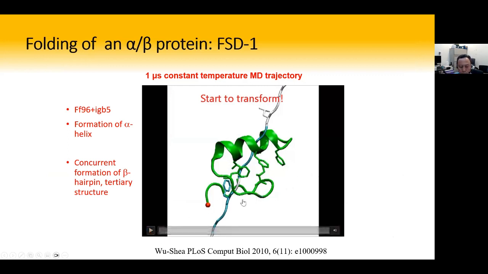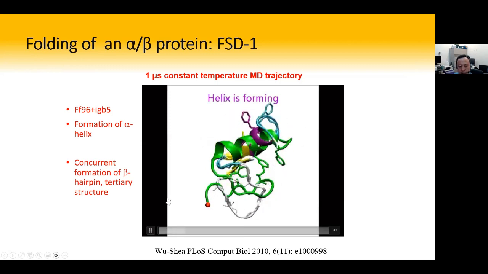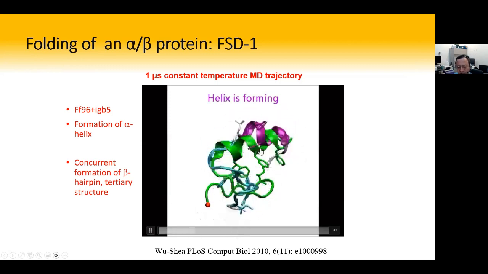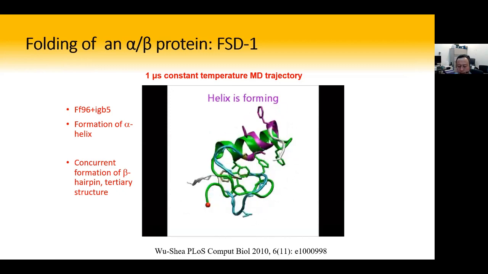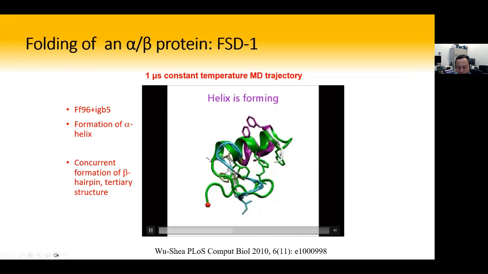Here is what I did when I was a postdoc. I tried to see if, using a physics-based model, we can fold some small proteins. This protein has a helical part and a hairpin part. You can see the helical part forms first, involving shorter-range hydrogen bonds, and the hairpin part involves long-range cross-strand hydrogen bonds.